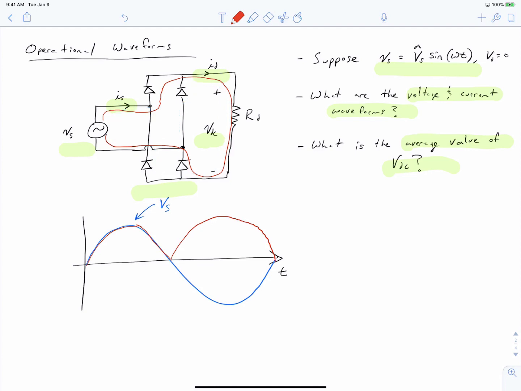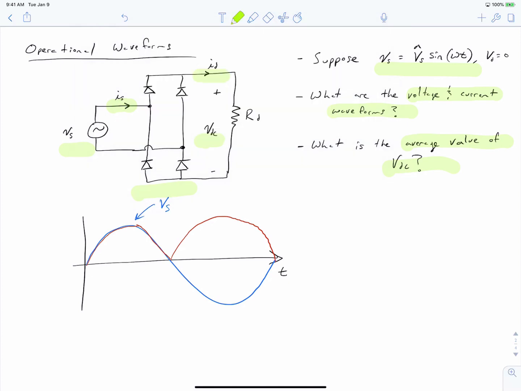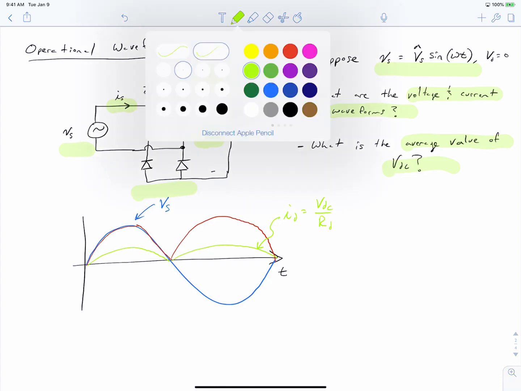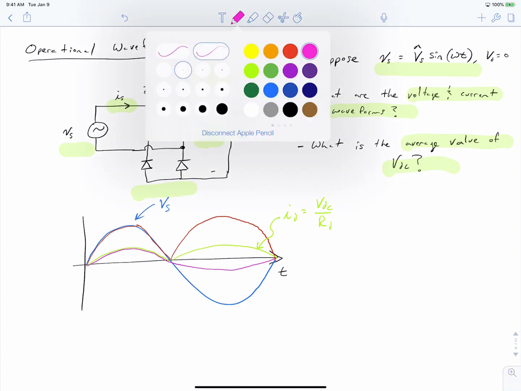So we'll remove these annotations and now sketch ID. ID is simply going to be VDC over our resistance RD. And IS is the input current, which we'll sketch in pink. It's going to be the same as ID when Vs is positive, but the opposite when Vs is negative.